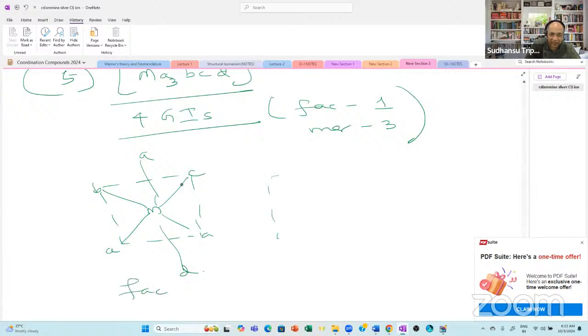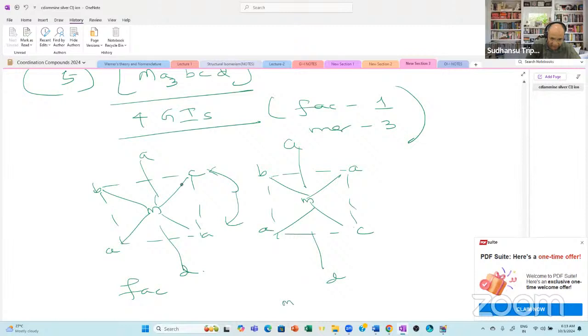The moment you take mer, then you have 3 different possibilities. Supposing I switch between these two, I make this fixed, and this is A and this is C. So now A becomes mer. This is mer 1. You find that B, C, they are opposite. You bring D, C opposite, C, D.